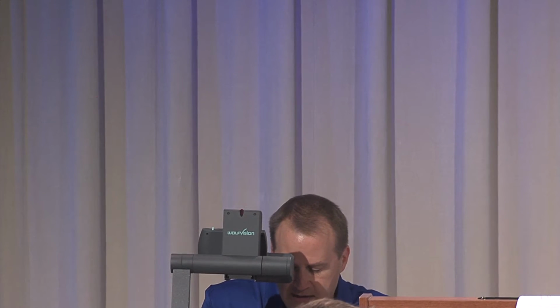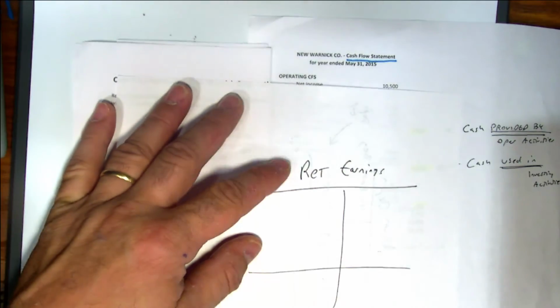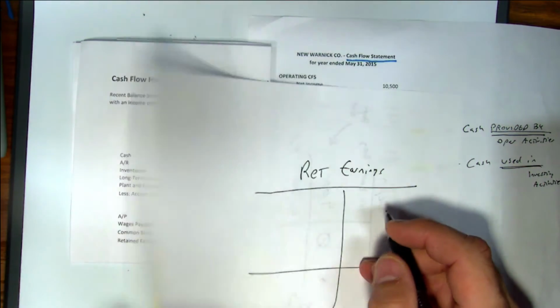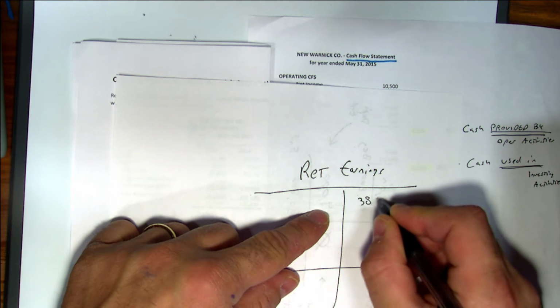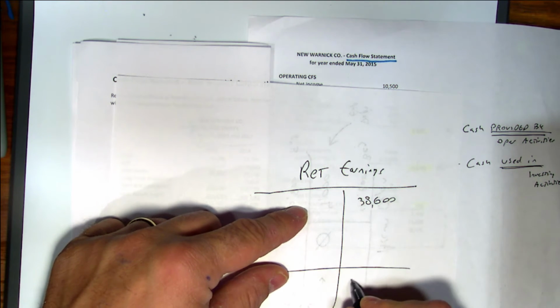Okay? Cool. So let's do a T account for retained earnings. Is it a debit or credit balance account? Credit. It's a credit balance account. The beginning balance is 38,600. Is that right? Check me. Yep. And the ending balance is what? 41,600.